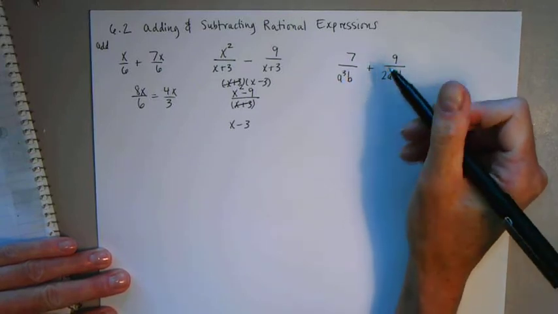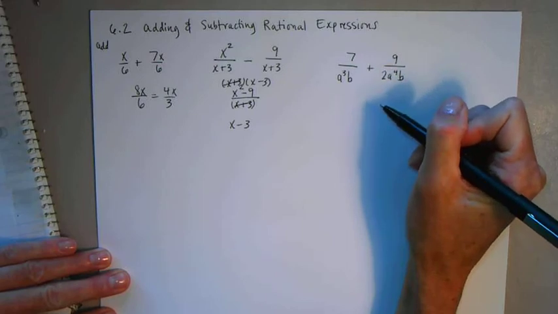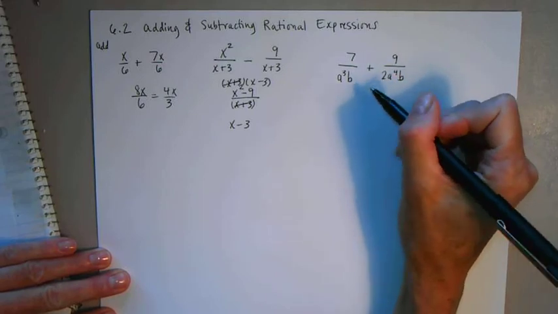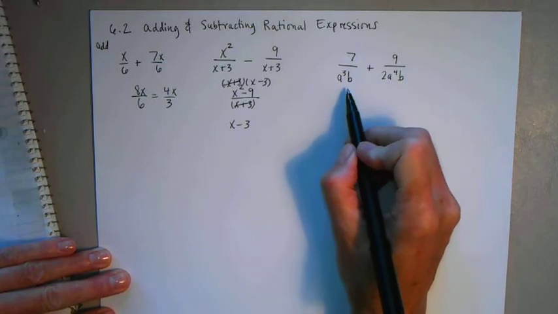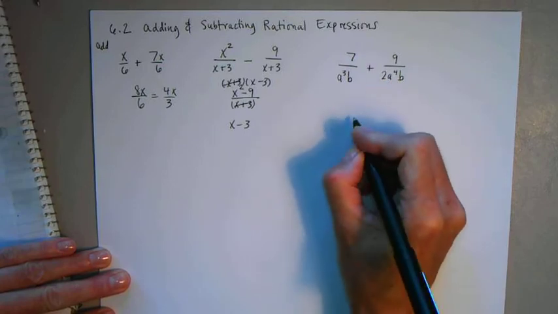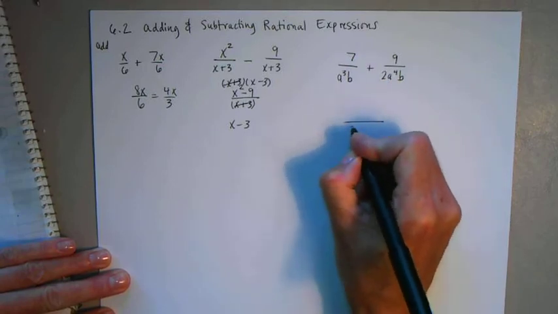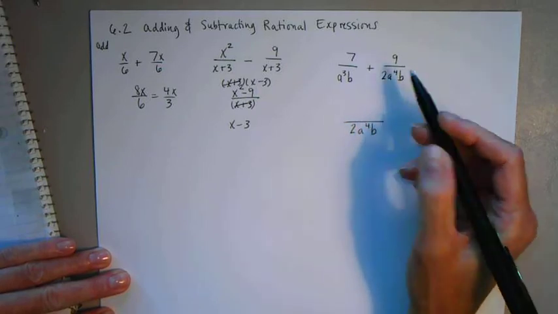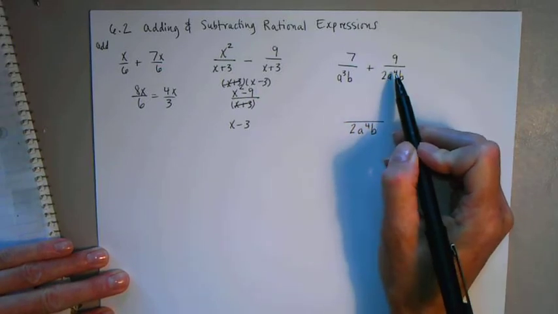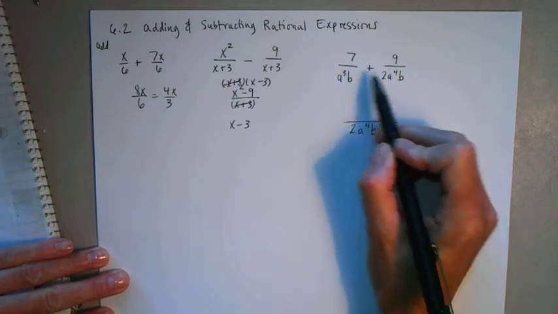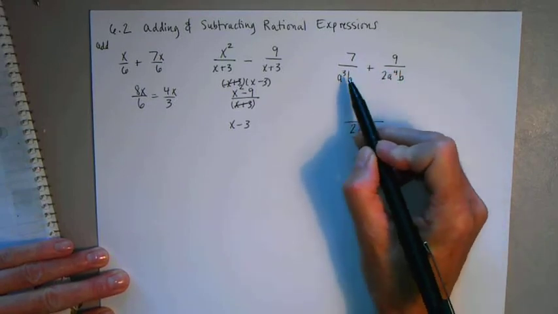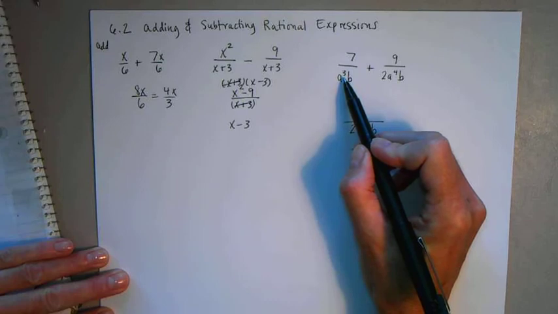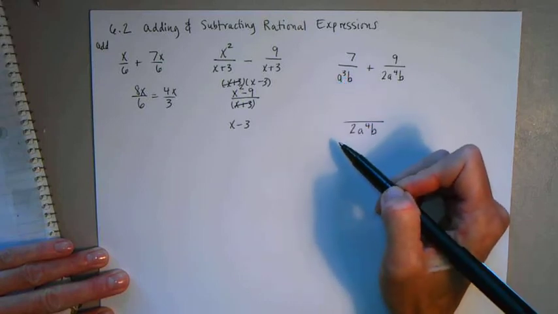So this is how I like to do these, and this is just my suggestion. But what I do is I figure out what the common denominator needs to be, and I write that in my answer. So I want my common denominator to be 2a to the fourth b. And when you're dealing with exponents, remember that the biggest exponent will always work because you just have to add when you multiply exponents.